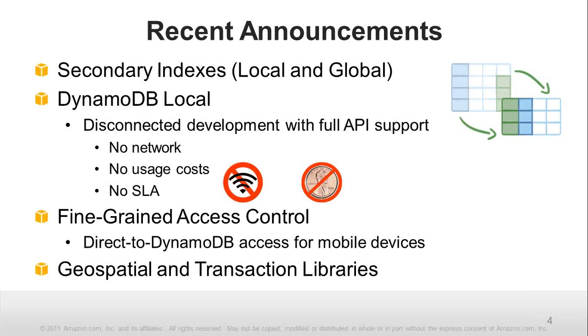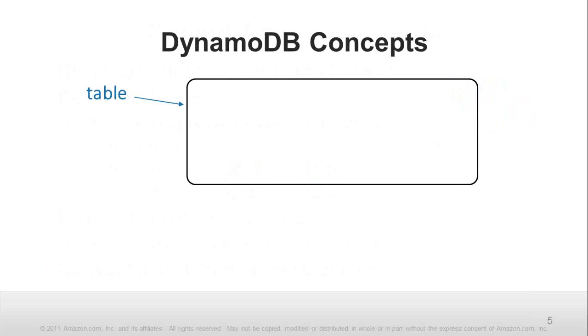Fine-grained access control is a feature that enables you to have your applications work directly with DynamoDB without having a middle layer required. And of course, we released other libraries for both geospatial and transactions. So these are the sort of developments we've been releasing in recent months.